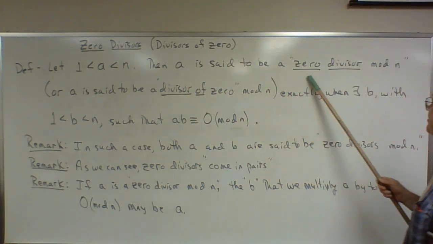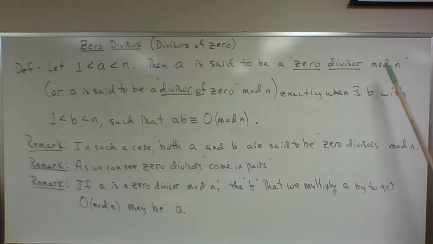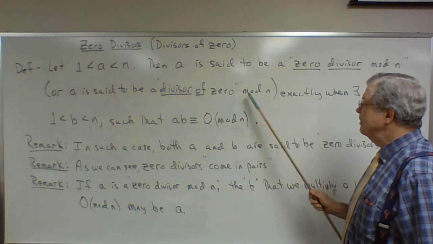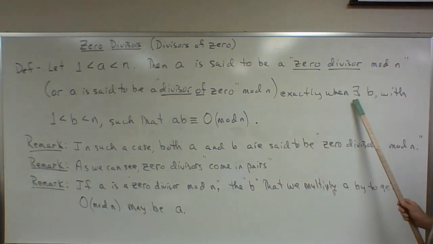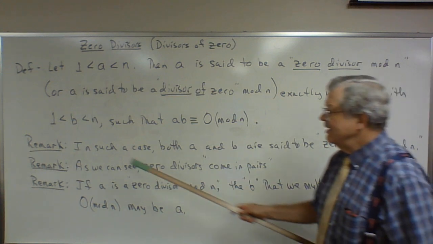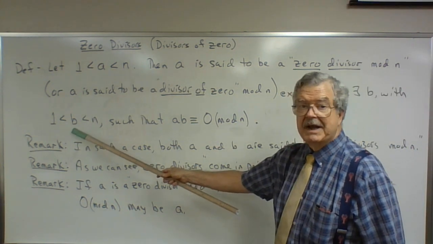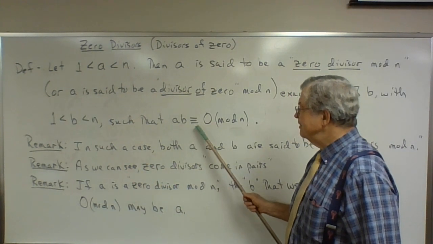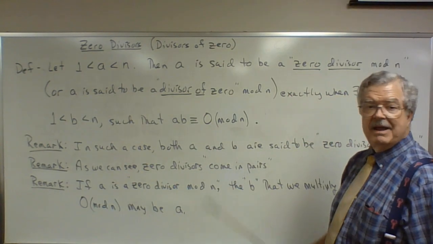A is said to be a zero divisor mod n, or a divisor of 0 mod n, exactly when there exists another natural number b, with b between 1 and n, such that a times b is congruent to 0 mod n.